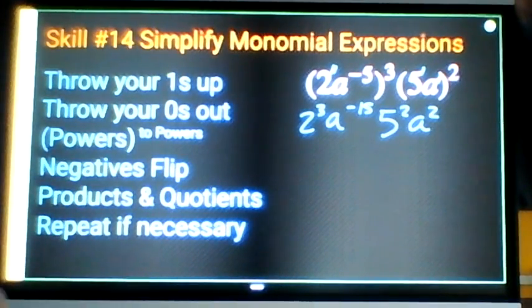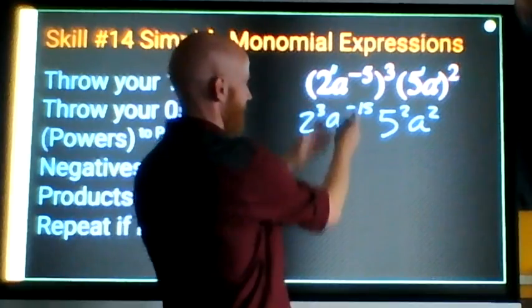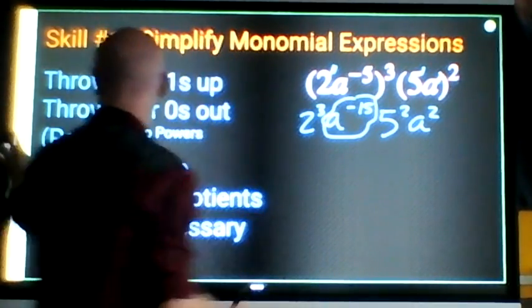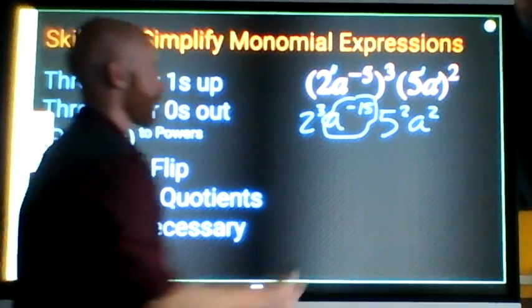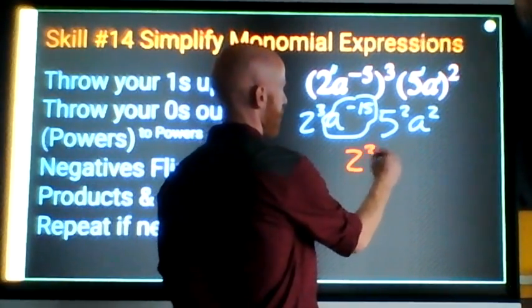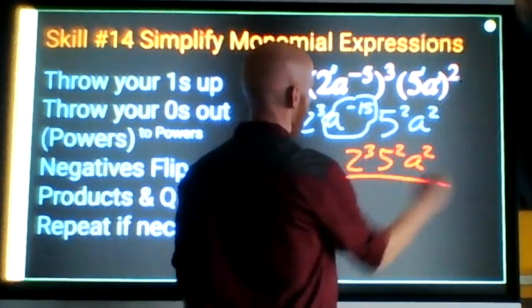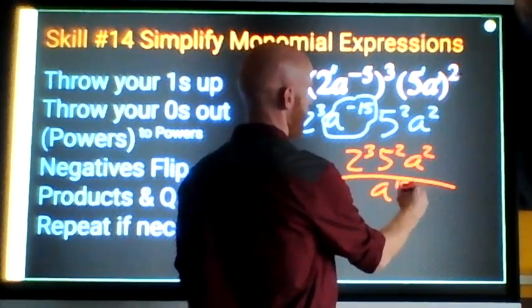Negatives flip. This a is going to move to the denominator. So we have 2 to the third, 5 squared, a squared, over a to the 15th.